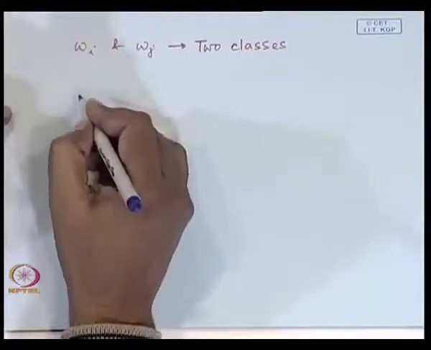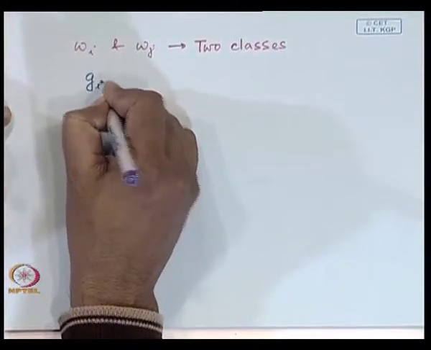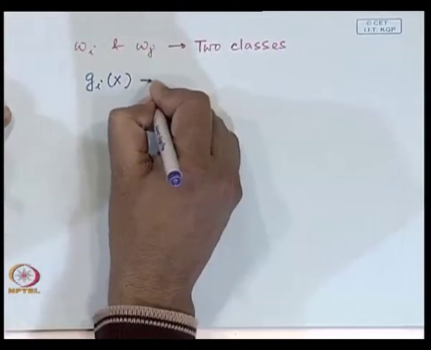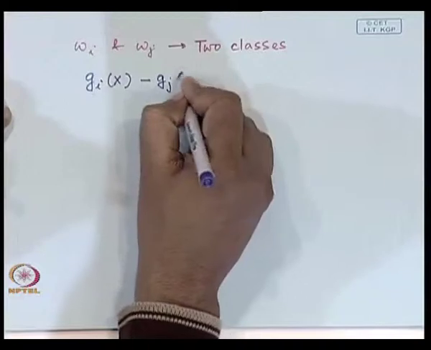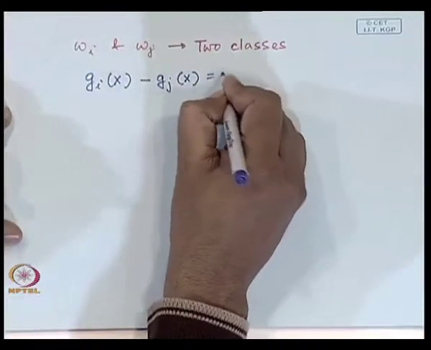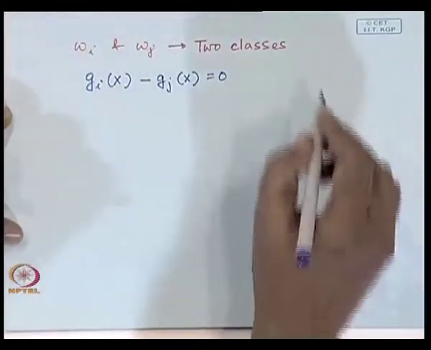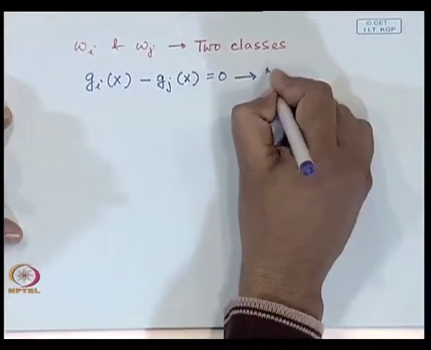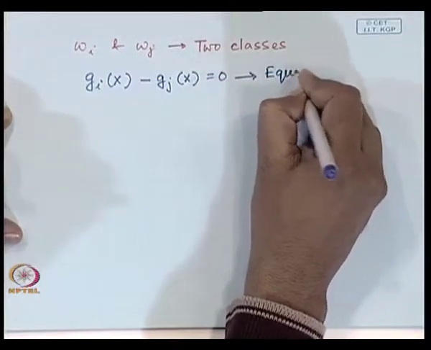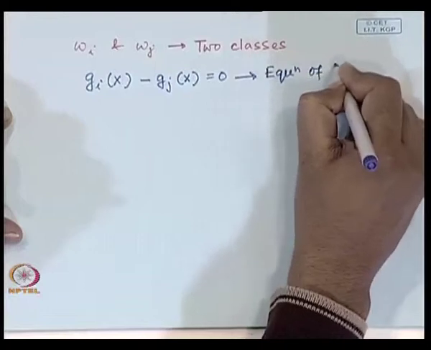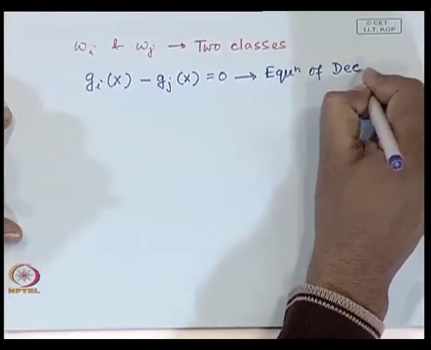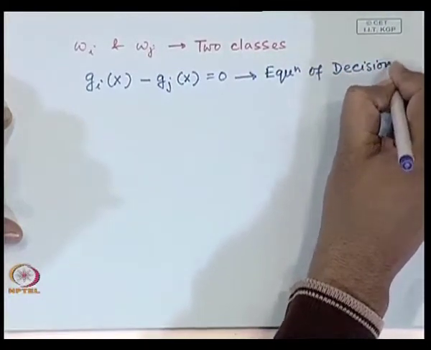That means the equation of the decision boundary is simply given by g_i(x) minus g_j(x) equal to 0. This is the equation of the decision boundary.